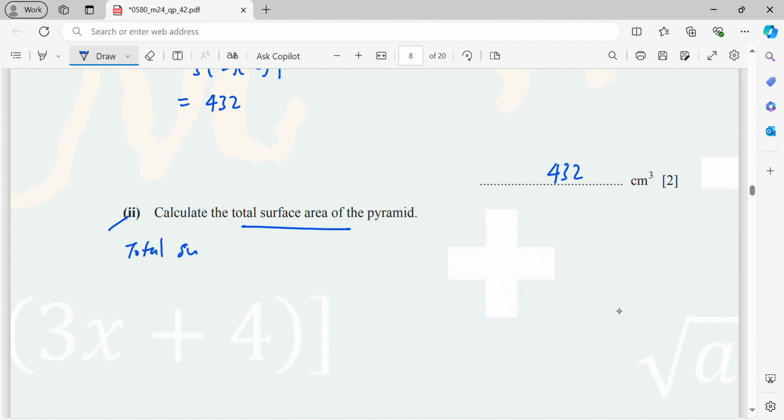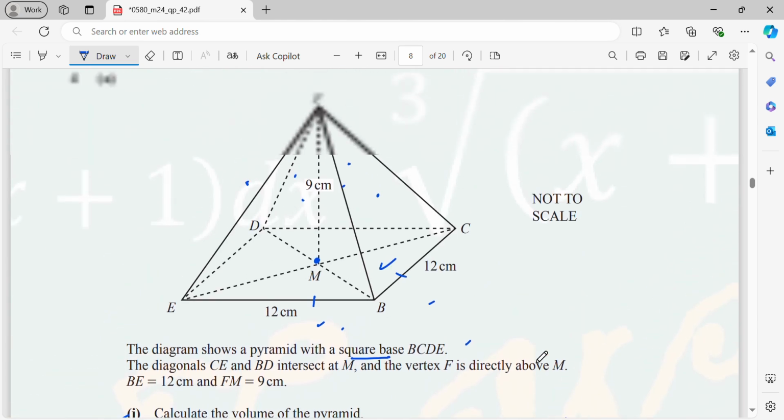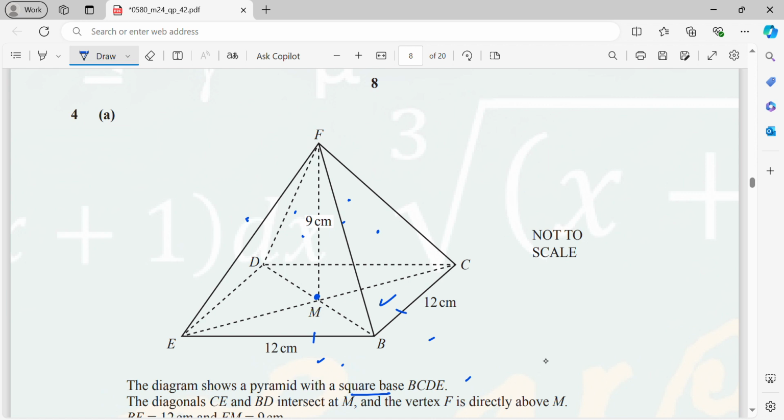Now for your information, before you find the area of the triangle, we need to know the vertical height. This 9 centimeter is not the vertical height of the triangle. Let's say I refer to triangle FEB.